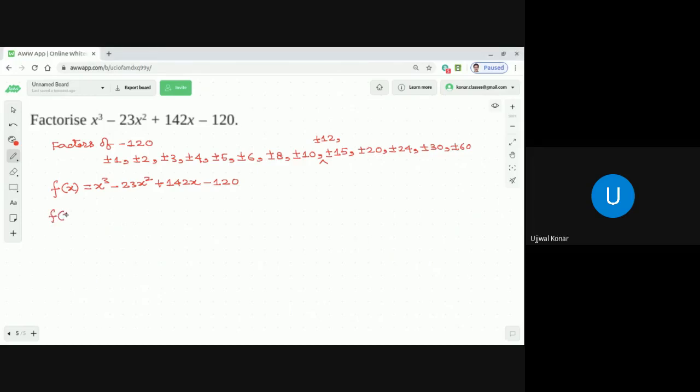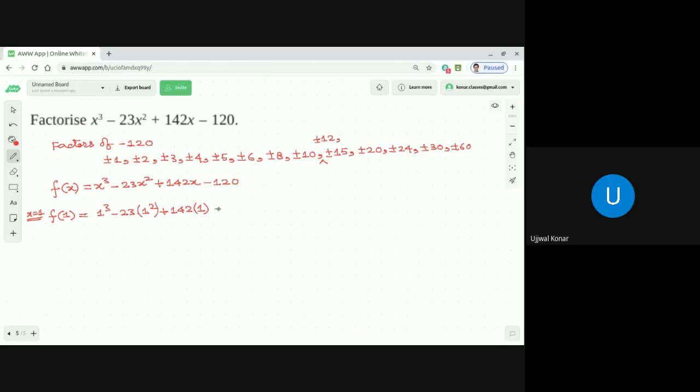Value of f(x) at x equal to 1. Why? Because 1 is a factor. Let's see what is the value of f(1). So it is 1³ - 23 into 1² + 142 into 1 - 120. These are all multiplied, by the way.